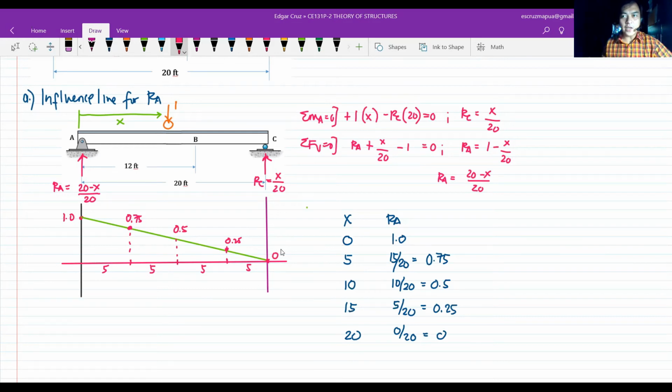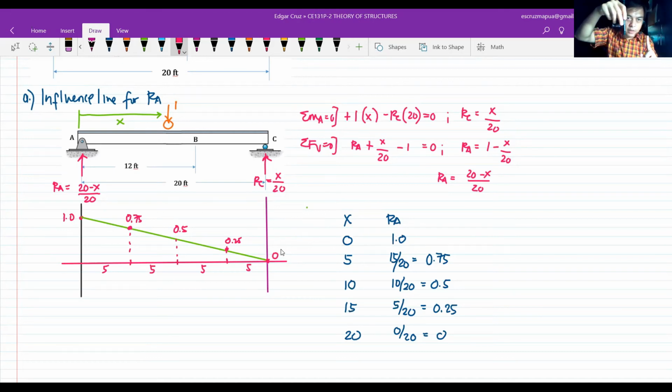Okay? So as you can see from the influence diagram, nakikita nyo dyan kung ano yung changes sa reaction sa A kapag yung unit load nag-move from point A to point C. So ibig sabihin, when the unit load is at point A, the reaction at A is 1. When the unit load is at 5 feet, the reaction at A is 0.75.